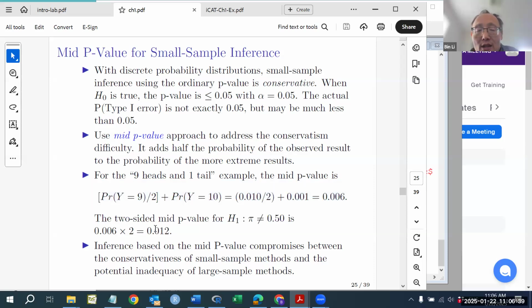And if we have a two-sided p-value, it will be 0.012. So the inference based on the mid p-value is a compromise between the conservativeness of the small sample size method and the potential inadequacy of the large sample size method. So for the small sample size problem, the best one is to use the mid p-value approach.